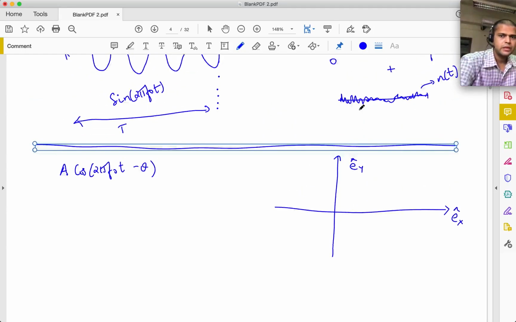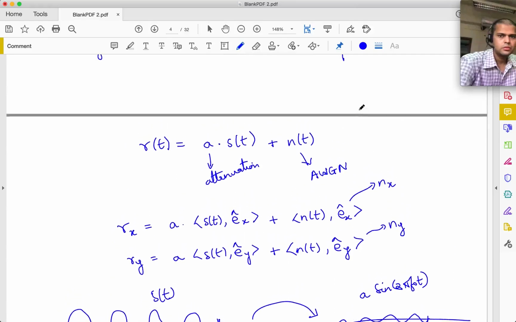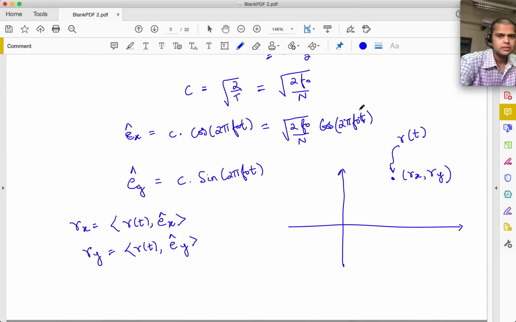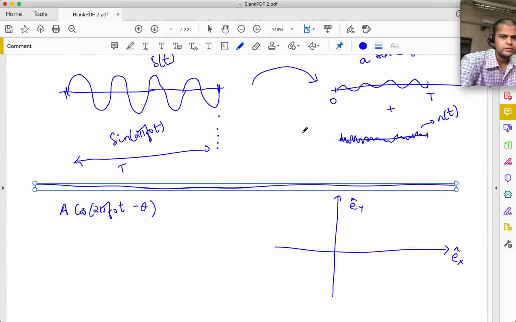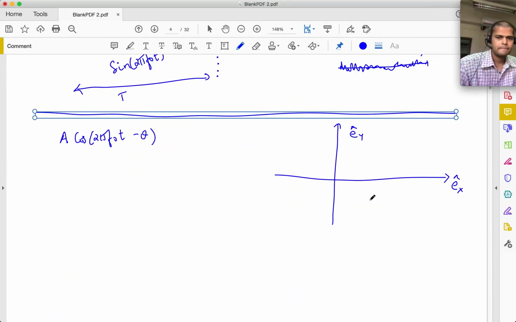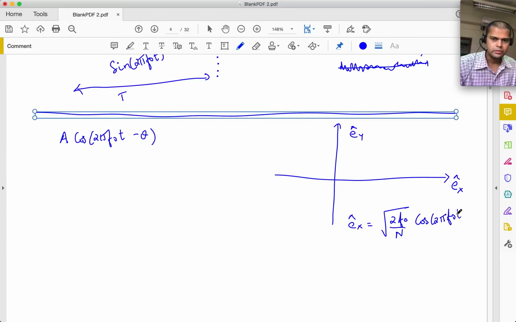And we said that Ex is essentially the cosine, but with this multiplicative factor: root 2 f0 by n, cos 2 pi f0 t.